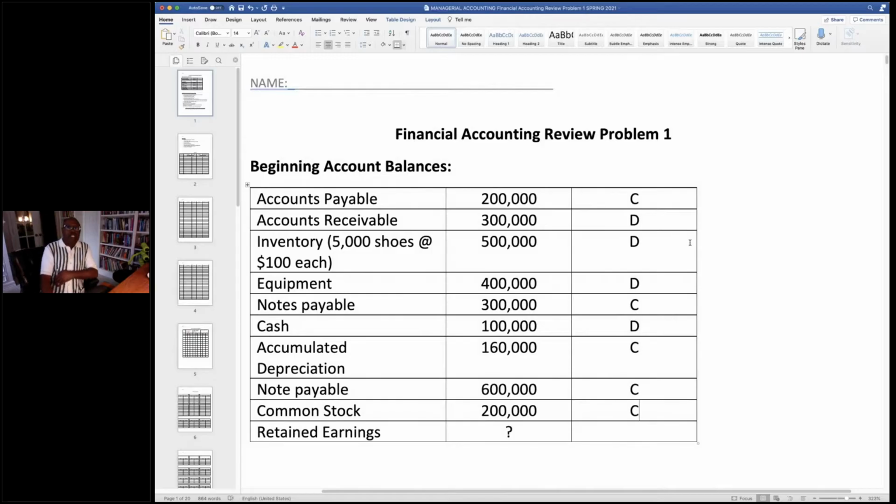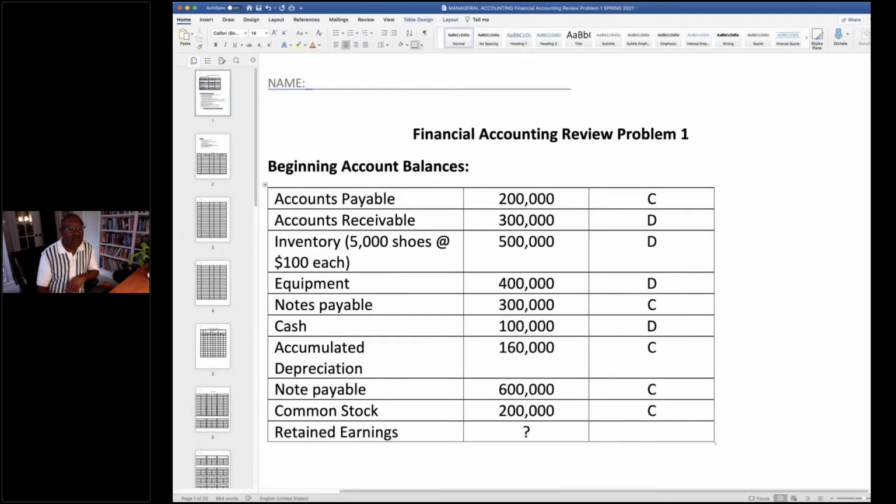So if we add up the debits, we add up the credits and take the difference, what is our beginning retained earnings? $160,000.